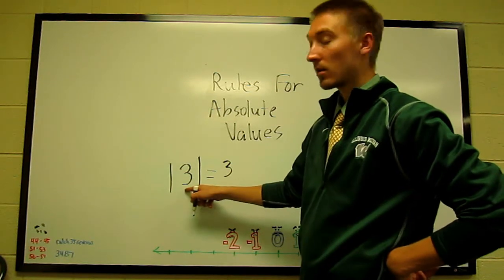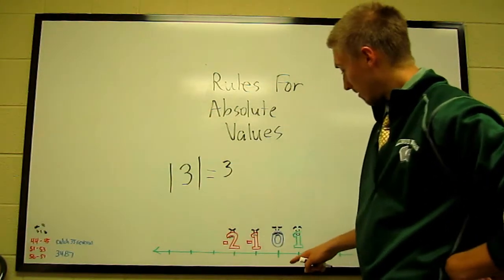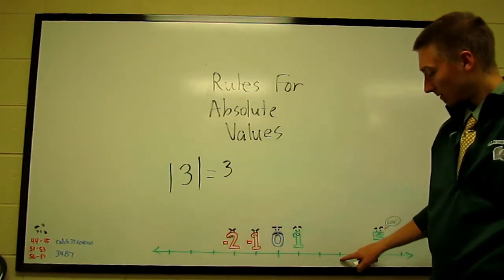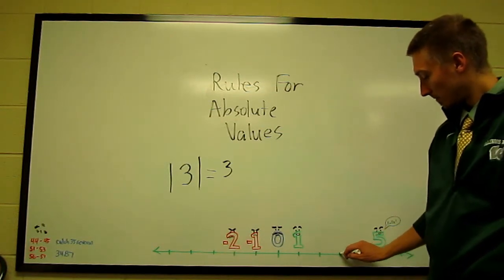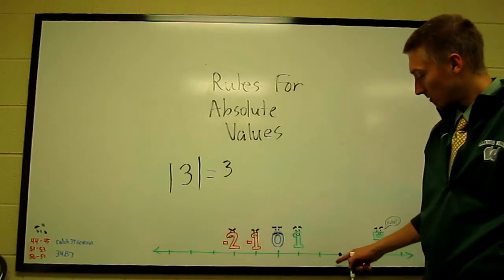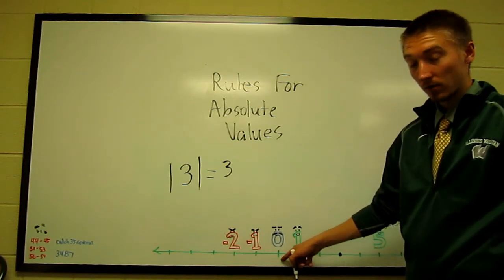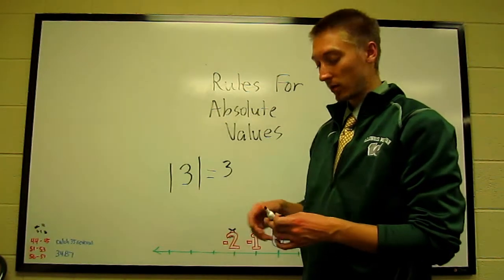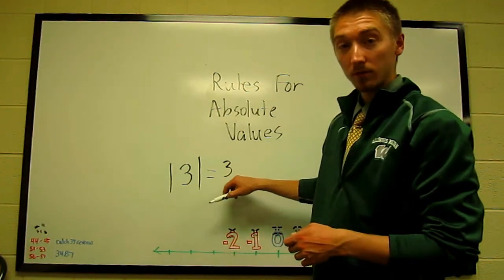So if we graph 3 right here on our number line, 3 is 1, 2, 3 units from 0. So that's what happens if we have a positive number. It is just going to equal itself.